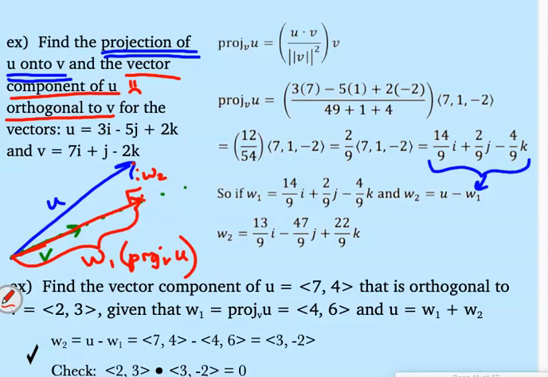To get W2? Yeah. Because W1 plus W2 equals U. It's so hard to remember in vector world, right? That you're just doing tip to tail, adding this vector plus this vector equals that vector. All right, I know, this is a lot for your brain to digest, right?